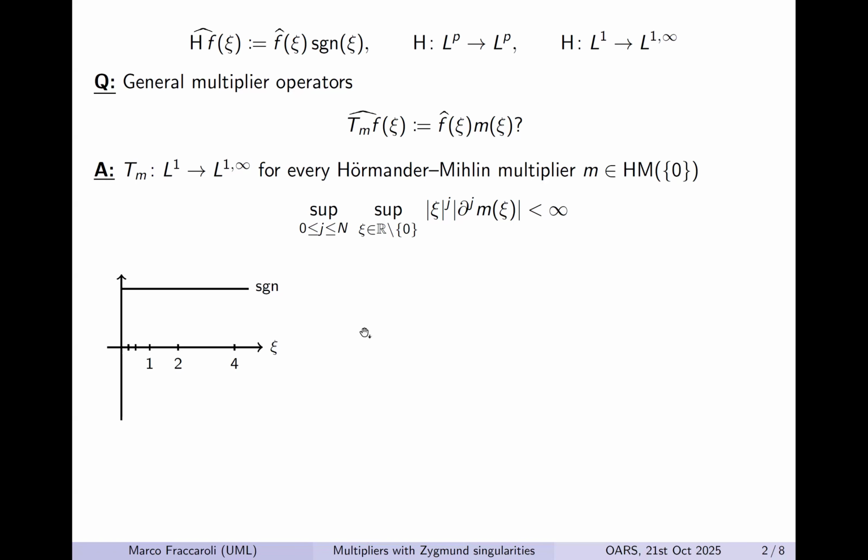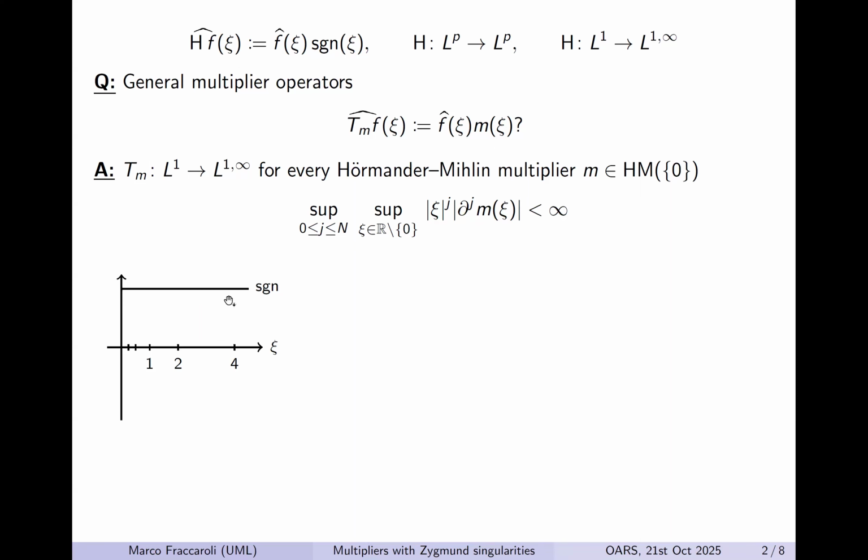What are Hörmander-Mihlin multipliers? They are multipliers that satisfy a certain smoothness and decay condition that is explained here, that I would like to show you graphically in a second. You might be familiar with this, otherwise ignore this formula and look at the picture.